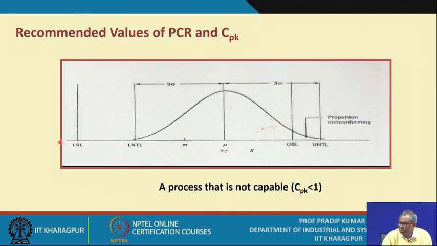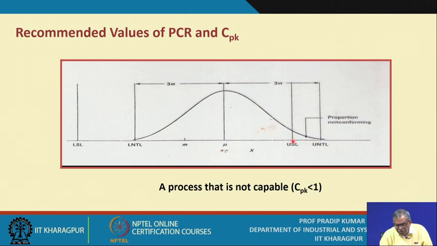That value is considered to be non-conforming, right, and we are dealing with the distribution of X. So, obviously, there is hardly any value less than LSL. There could be certain rare cases, one isolated value, but usually there is hardly any value less than LSL.